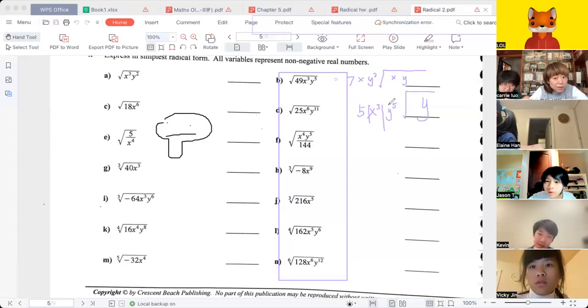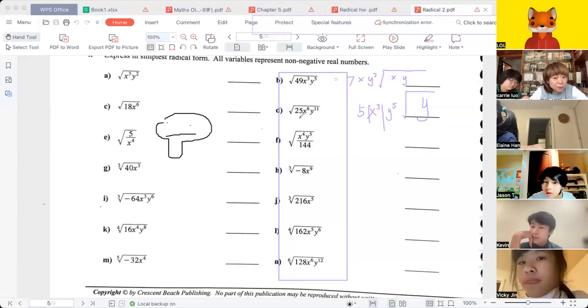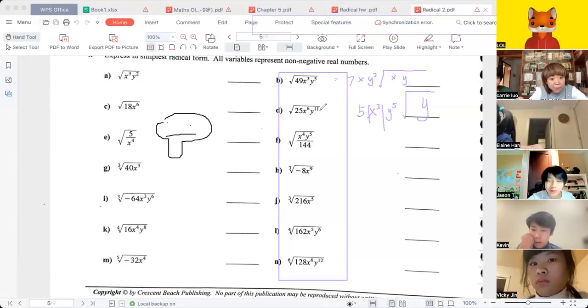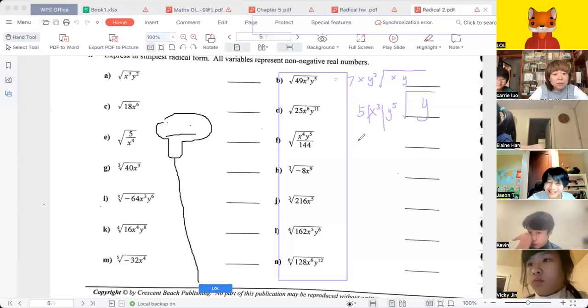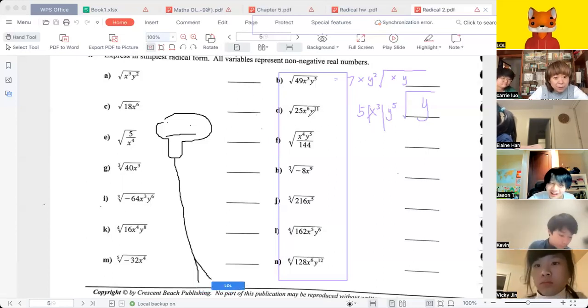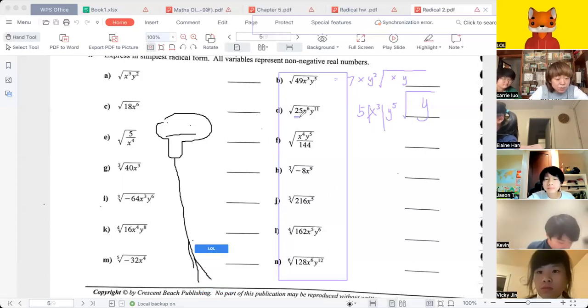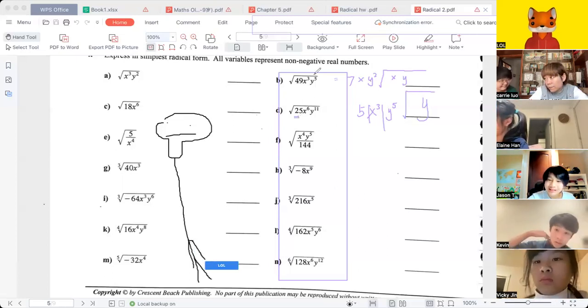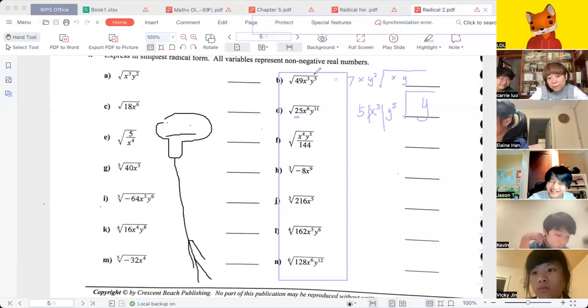So that's why when you take it out, everything inside the square root is positive. So that means y must be positive. Understand? No, I don't understand. Okay, I'm going to explain again, give you some example, okay? Jason, 25是不是是个正？Oh wait, never mind. I understand now.